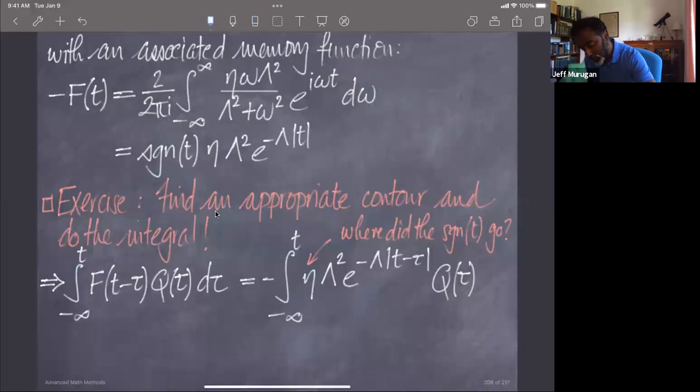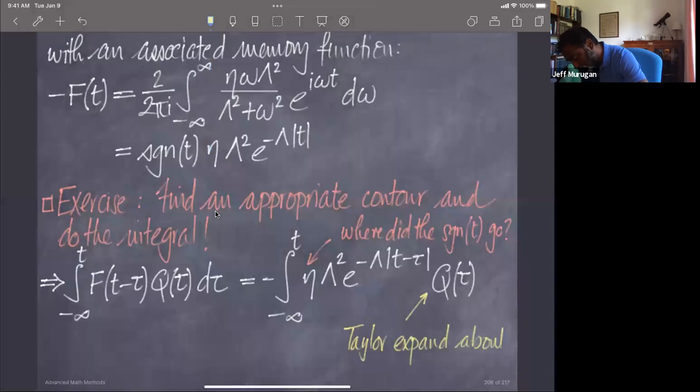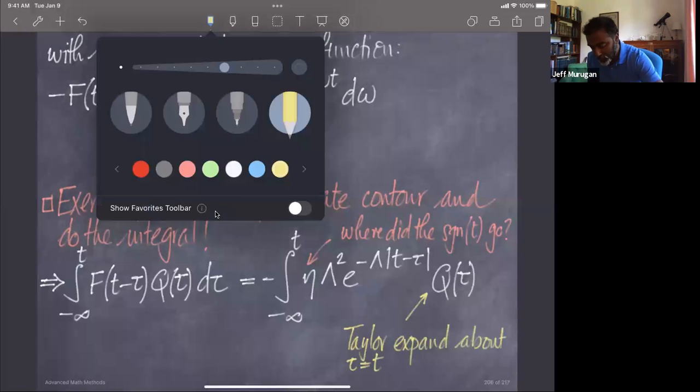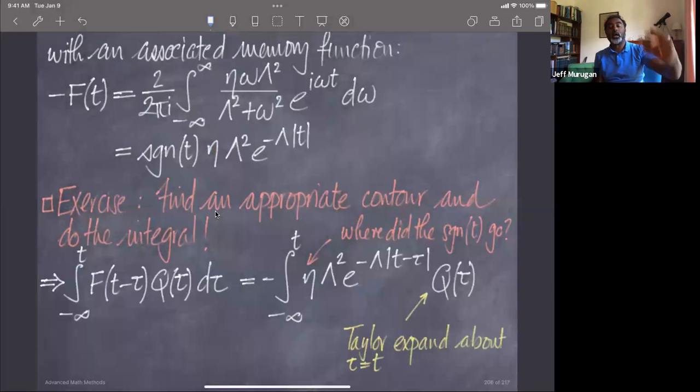So what we're going to do here is make a Taylor expansion about tau equal to t. And when I do that, I'll then be able to do the integral term by term.